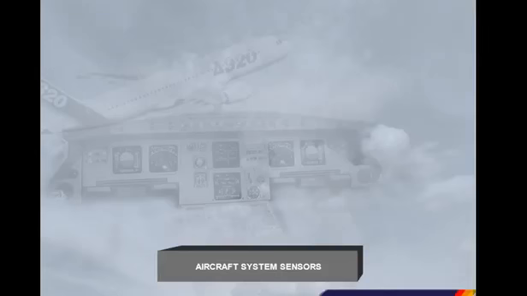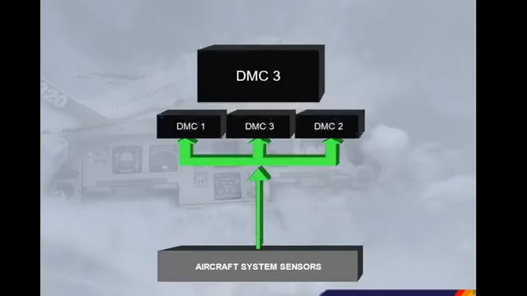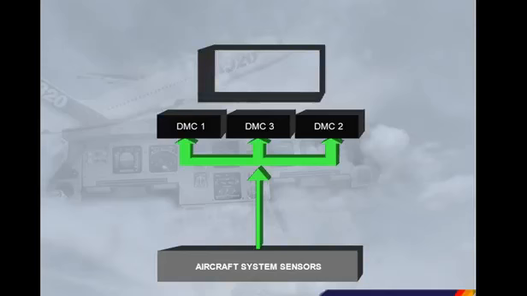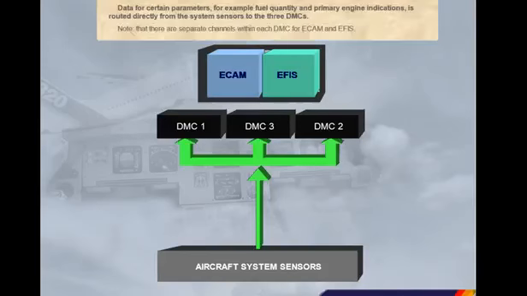Data for certain parameters, for example fuel quantity and primary engine indications, is routed directly from the system sensors to the three DMCs. Note that there are separate channels within each DMC for ECAM and EIS.